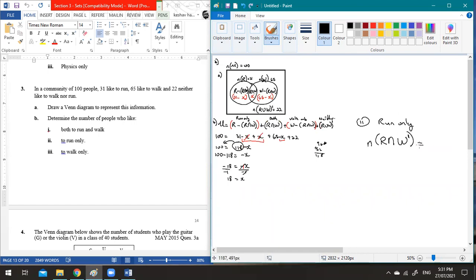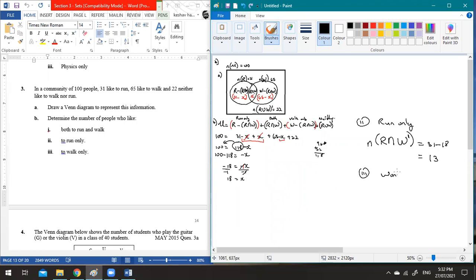And the number of elements in here would be 31 minus X. And we know X just now to be 18. So 31 minus 18, borrow 1, 13. 13 people like to run only.